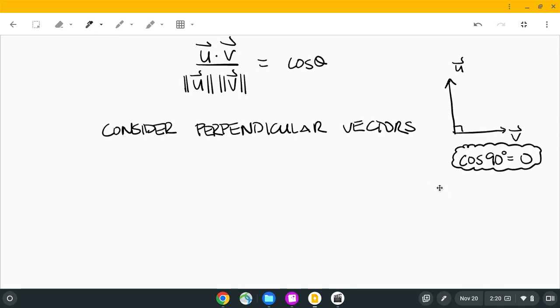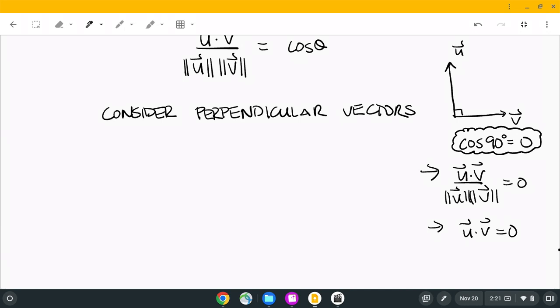So cosine 90 degrees equals 0, which implies that this whole thing evaluates to 0, which implies that the dot product equals 0. All right, that is something to make a note of.